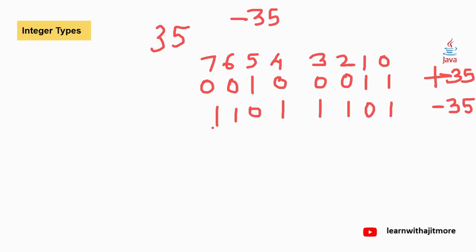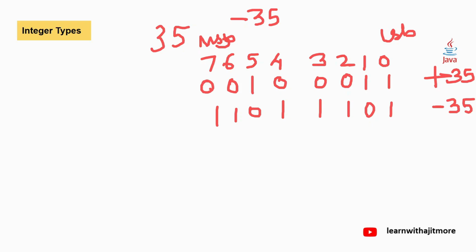Correct? And you can recognize it, this is MSB, most significant bit. This is LSB, least significant bit. So in MSB, whenever you get 1, the number is negative. Whenever in MSB you get 0, the number is positive.